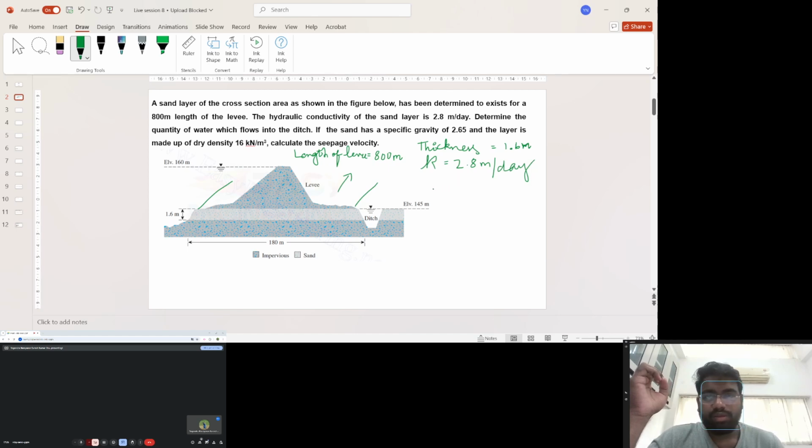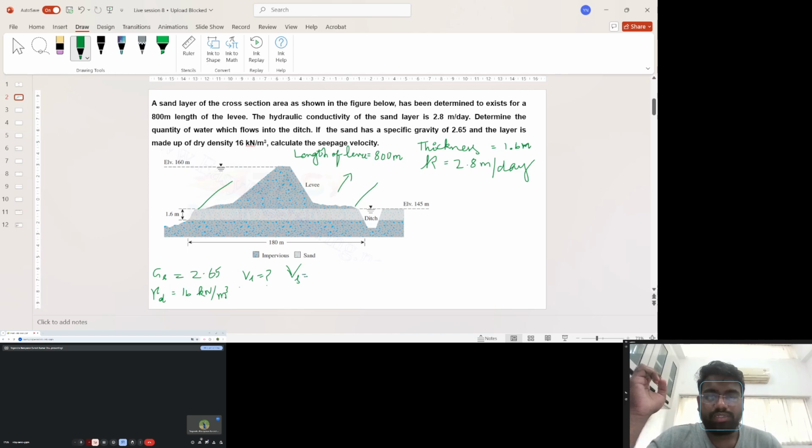And the property of the sand layer is given, for which Gs is 2.65, gamma d is 16 kilonewton per meter cube. We need to find out seepage velocity Vs. So how is Vs defined?